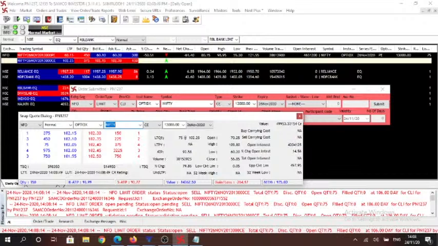Initiate a short put. $61.5, but let's see, place it at 61. Let's see. Yep, we have been filled. No, we have not been filled yet.